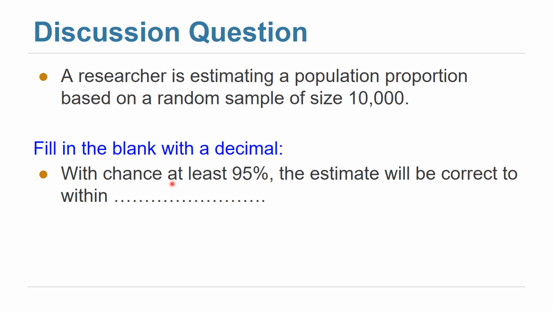So I want you to compute a value here. That will indicate the confidence interval, right? With a chance of at least 95%, the estimate will be correct within some range. But usually when we say within, that will be one side of the range.